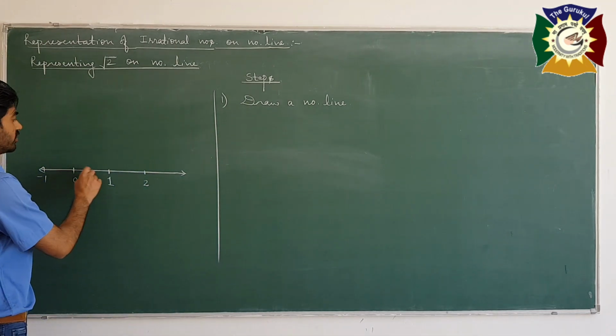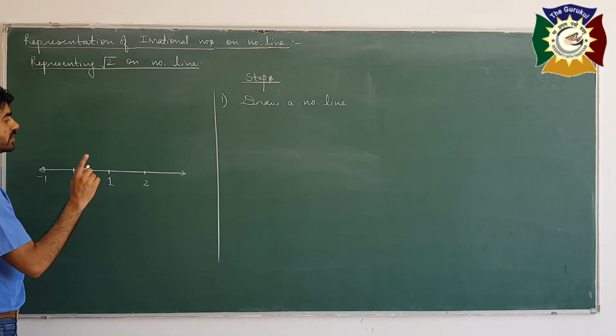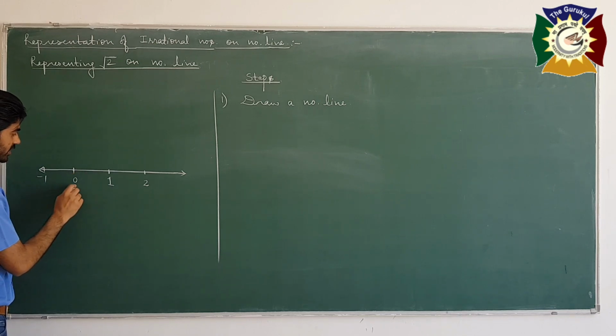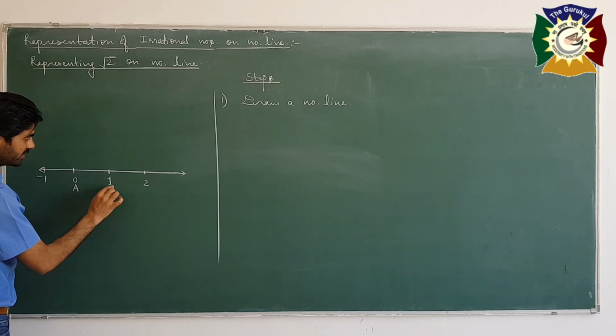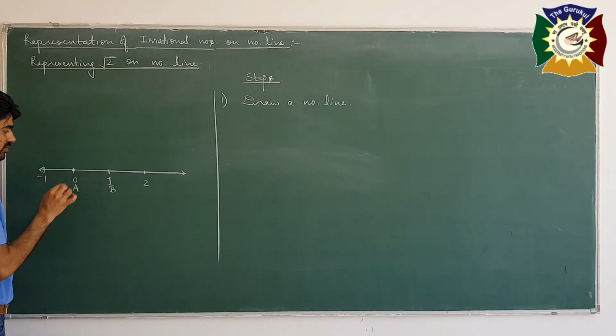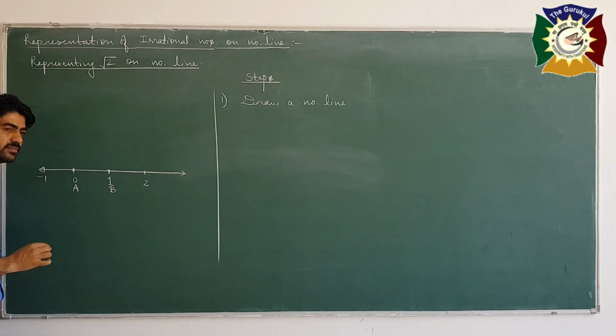Okay. Suppose I have drawn this number line. Now, because I have to represent root 2, I will take 2 points A and B such that A is on 0 and B is on 1.